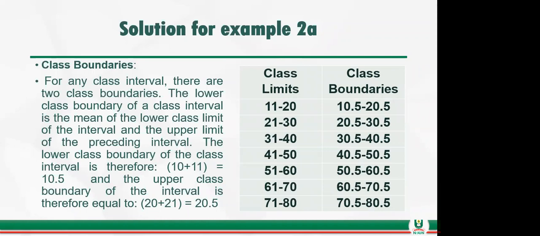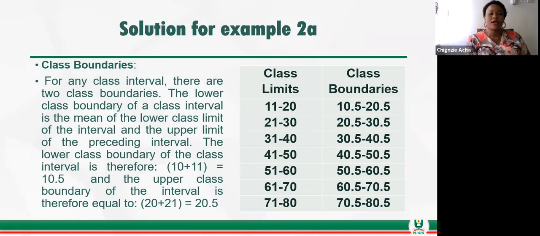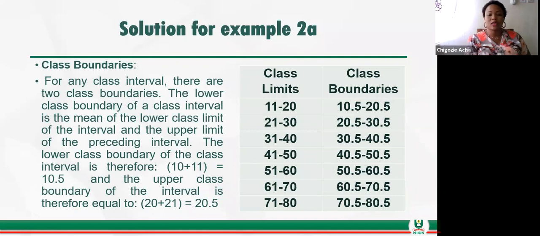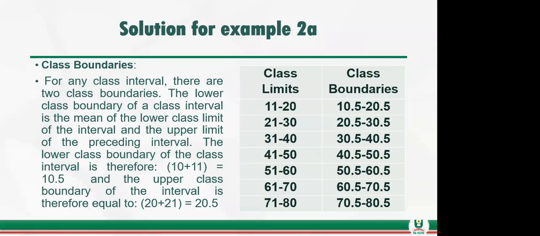Let's look at the definition together. For any class interval, you know how we generated our class interval, right? Yes, ma'am. Good. If you're given any raw data, you can organize your class interval. The lower ones are the lower class limits, while the higher ones are the upper class limits.